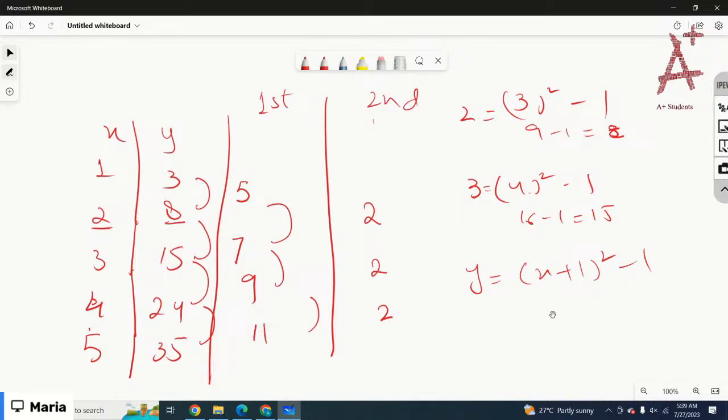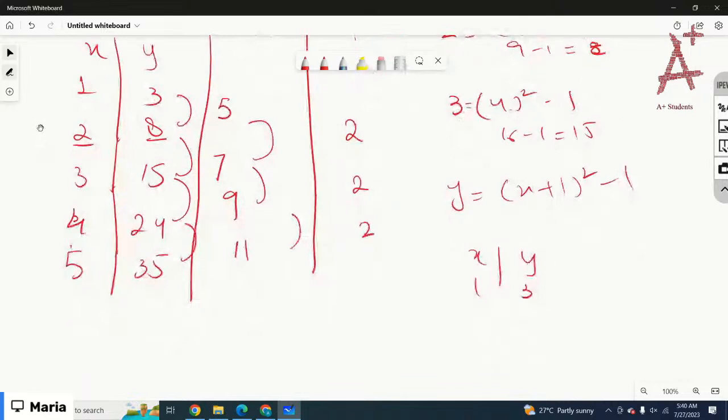You can use this equation to calculate the zeros. Got it? Start from here. For 1 it is 3, x and y. You can go to 0. When x is 0, just put values in this equation and calculate. Minus 1 plus 1 is 0.